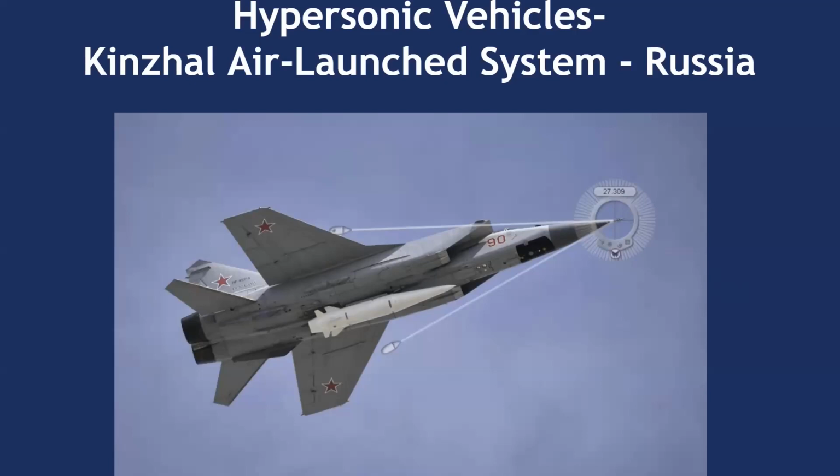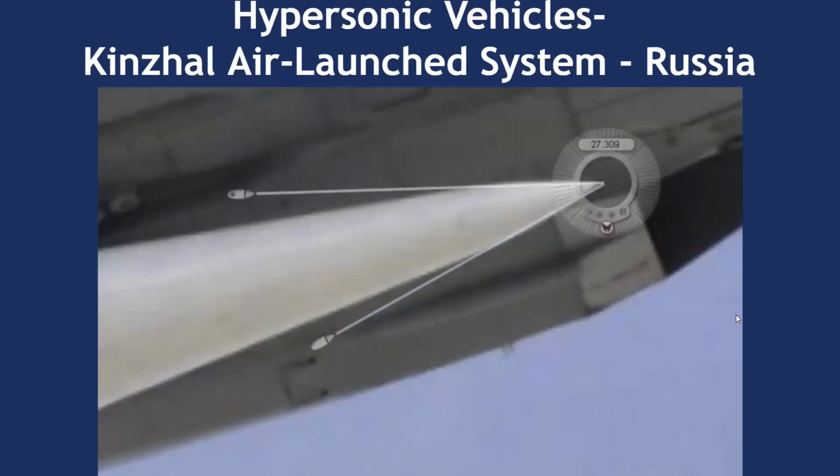These have ramjet, or in this case for hypersonic, scramjet engine technology that's involved. And you'll see the jet that's carrying the Kinzhal, the white missile underneath, has this geometry, but so does the Kinzhal missile itself. So Russia has used these, and they are in service in the Ukrainian conflict.